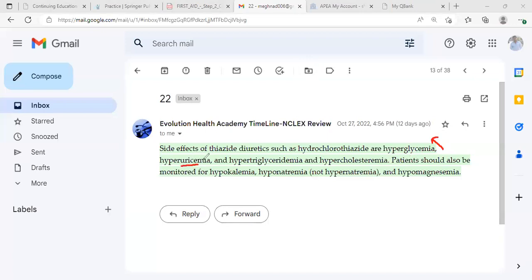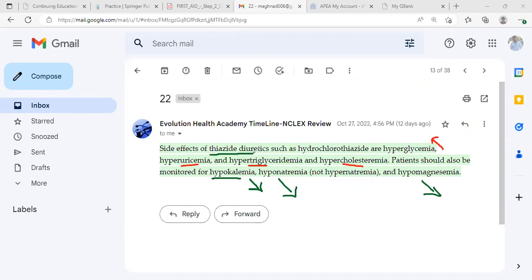So you see, most of them go up: blood sugar level goes up, uric acid level goes up, triglyceride level goes up, cholesterol level goes up, but potassium level goes down, sodium level goes down, and magnesium level goes down. So don't get confused. A few go up and a few go down, right?